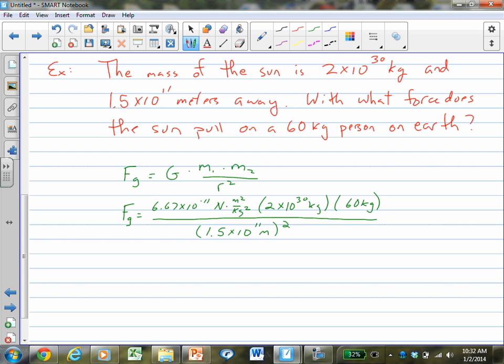And if you calculate that out, the sun is pulling on the person and the person is pulling on the sun in the other direction, 0.3557 newtons.